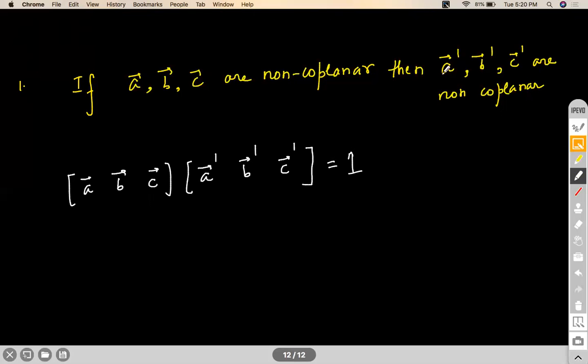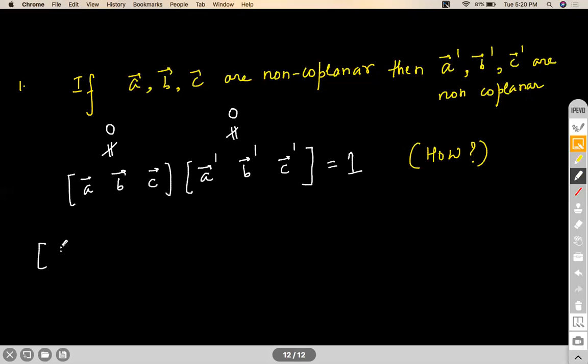So this property will come from here, that if this is not 0, then this will also be not 0. Because if one of them is 0, then the answer will always be 0, but it is actually 1. But wait a minute, how is it 1? Can we prove this first of all? Now, the proof for this is not very difficult.